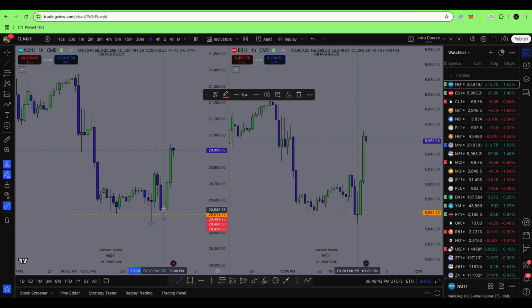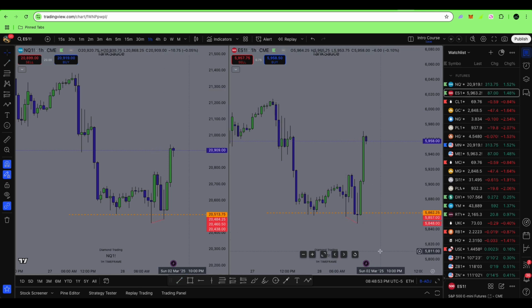The next time we came to make a low, NQ failed to take this low and make a lower low. It made a higher low. Well, ES did take that low and made a lower low. So when you have two correlated assets, an often used tool to identify or confirm our price moves is that there's a crack in the correlation, or a divergence.